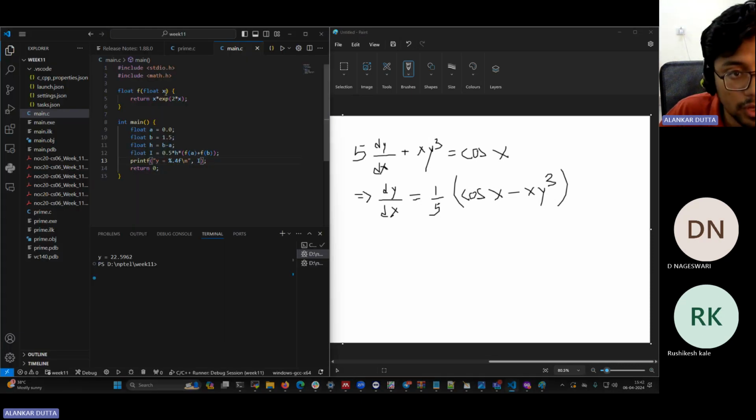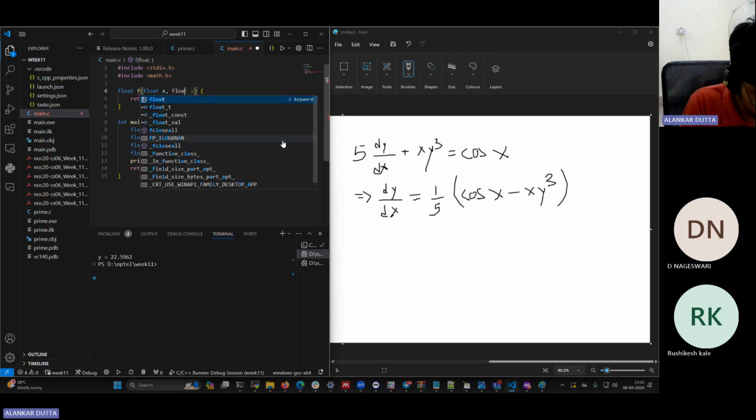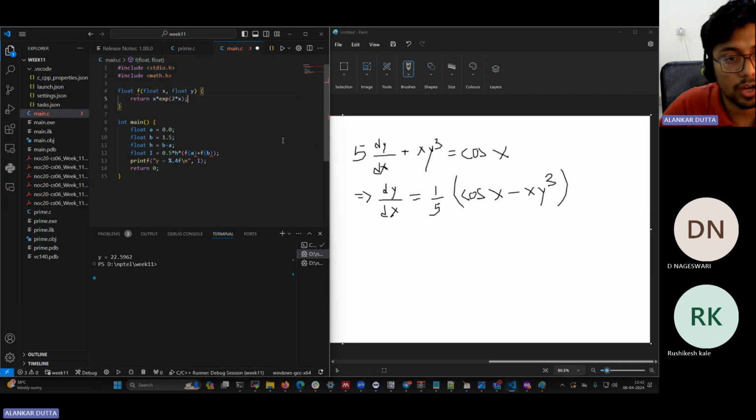So let's now have a float function of both x and y, and what we are going to return is, remember the decimal points in here, otherwise you will get something like 0, because that is treated in C as integers, and when you divide integers and the result is between 0 and 1, you'll get 0.